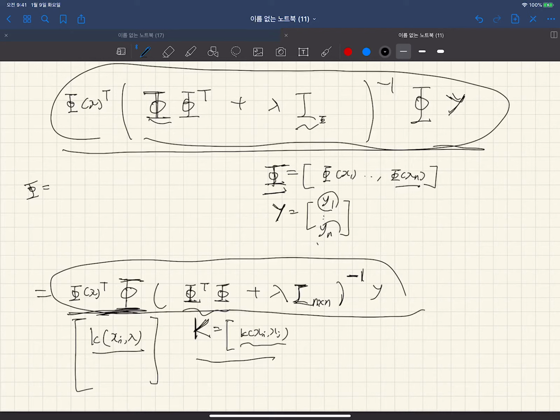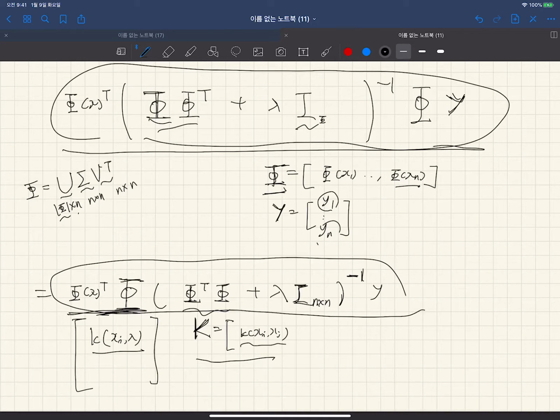So let's say the Phi matrix singular value decomposition is U sigma V transpose, and here the dimension of U is the dimension of the feature expansion times n, and this is n by n, this is n by n, and assuming the dimension of phi, the new feature space, is much bigger than the number of input data points n.